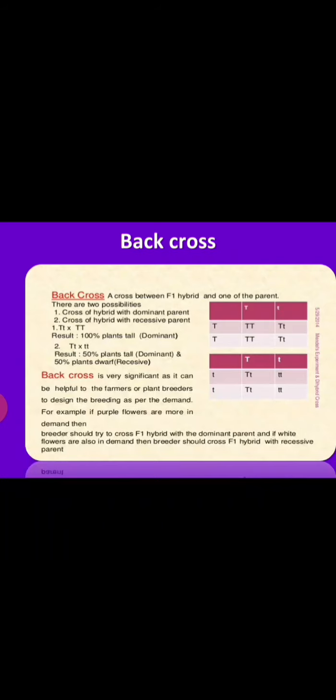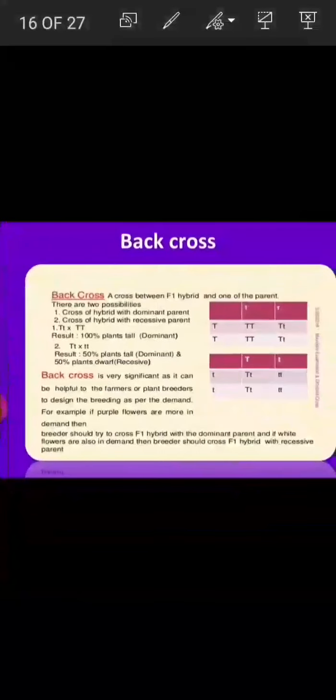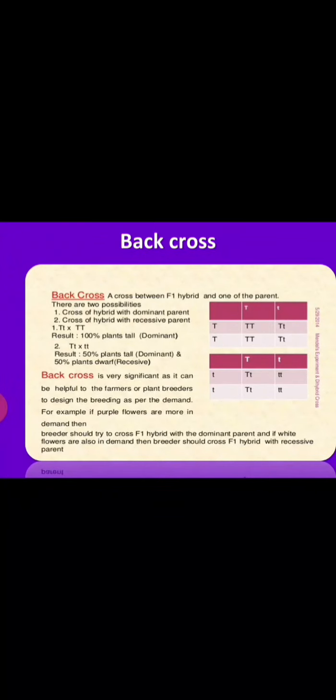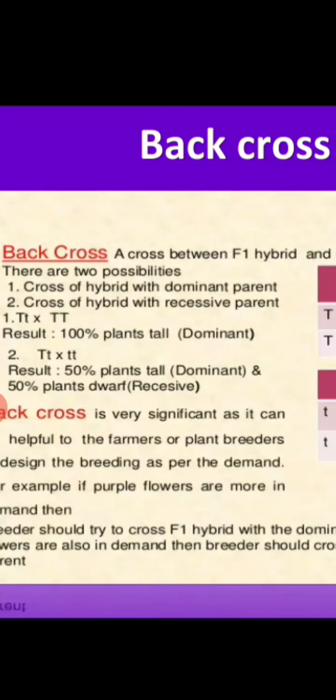There are two important crosses called back cross and test cross. A cross between the F1 hybrids and either of the homozygous parents is called a back cross. If we cross with the homozygous dominant parent, it will result in 100% dominant characters, while if it is crossed with a homozygous dwarf plant, it will lead to 50% tall and 50% dwarf plants.